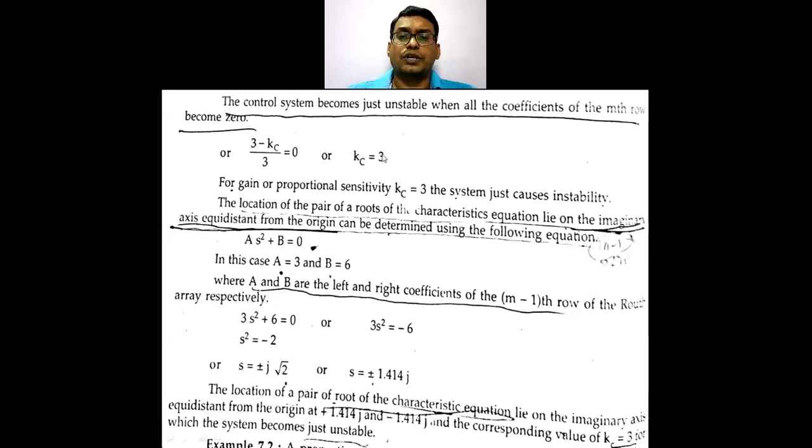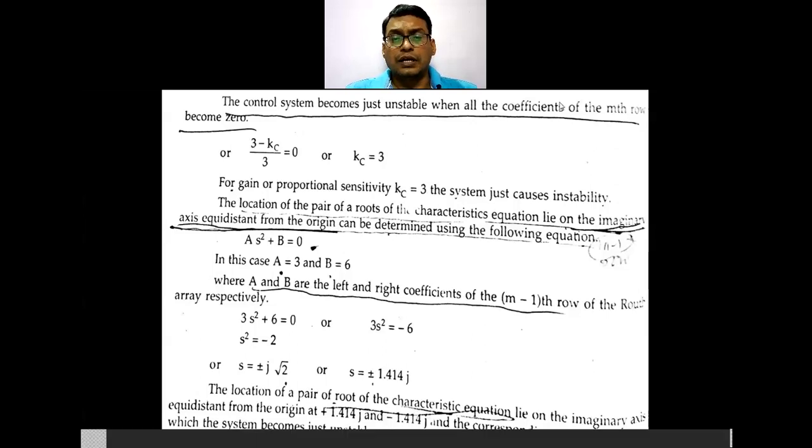So I have to use these values of 3 and 2 Kc. The Kc value we have already calculated as 3, so 2 Kc becomes 6. So the value of s is calculated as plus minus j root 2, that is 1.414j. This is the location of the pair of roots of the characteristic equation lying on the imaginary axis.